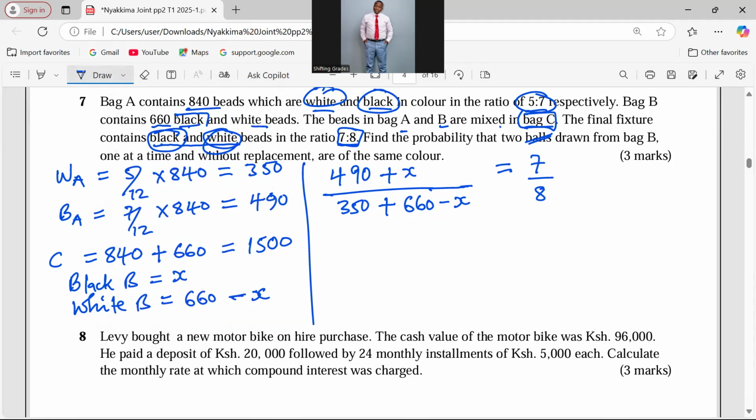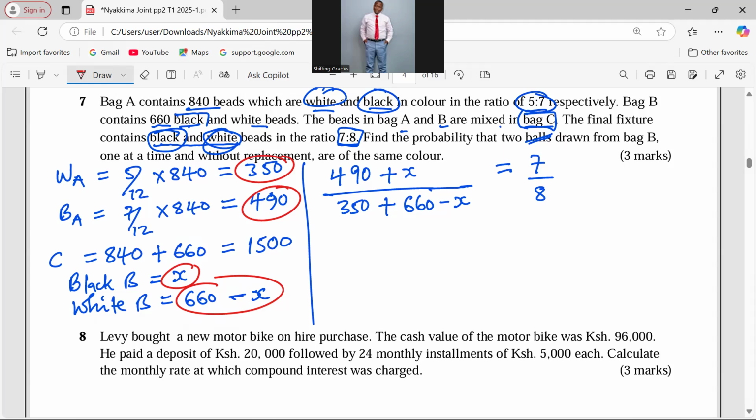Therefore, it will be right to argue that when we take all the blacks in A plus the blacks in B, divided by all the whites in A, 350, plus all the whites in B, 660 minus X, we should get a ratio of 7/8.